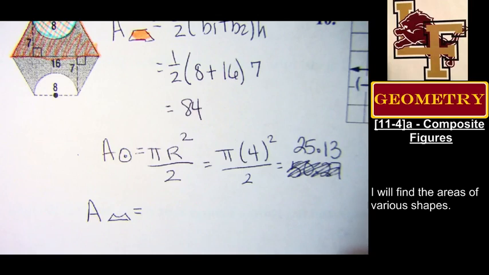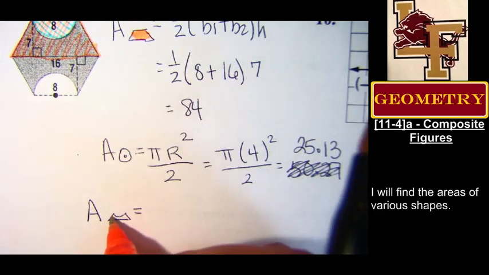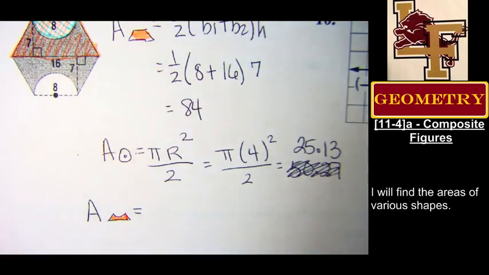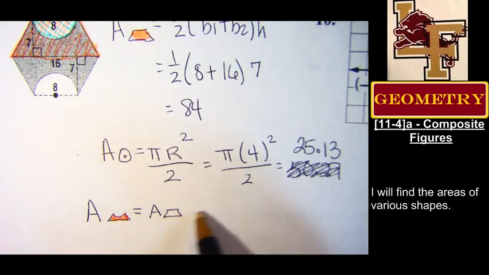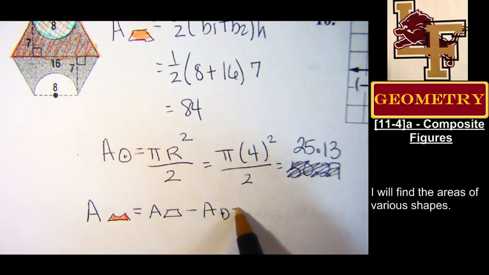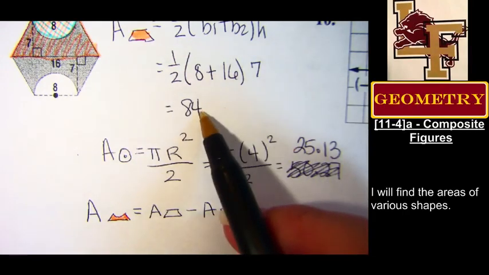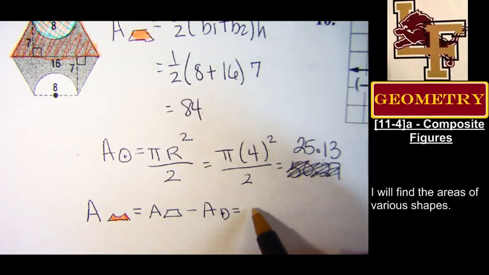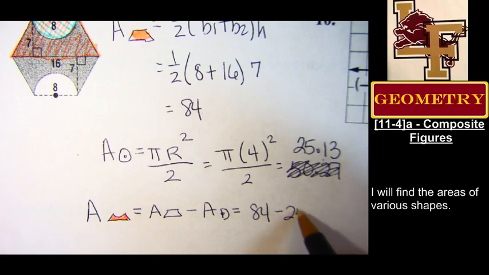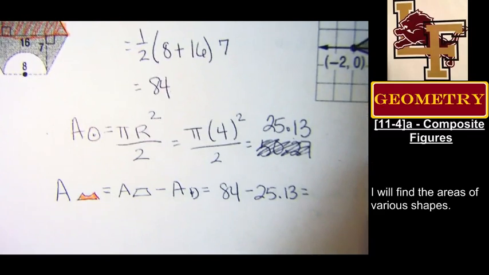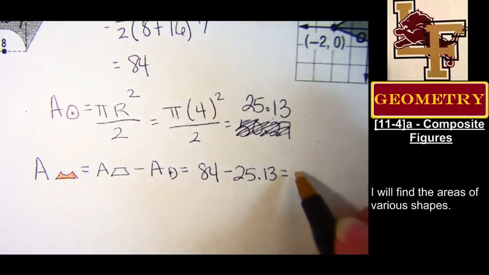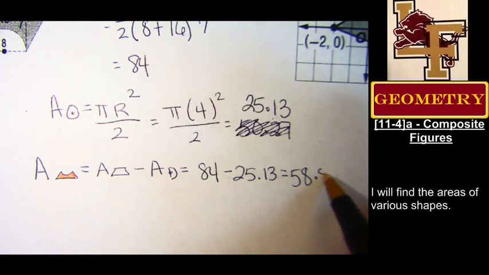All right, so the area of my whacked out shape is the area of the trapezoid minus the area of that half circle. So 84 minus 25.13, whatever that number is. 58.87. 58.87?